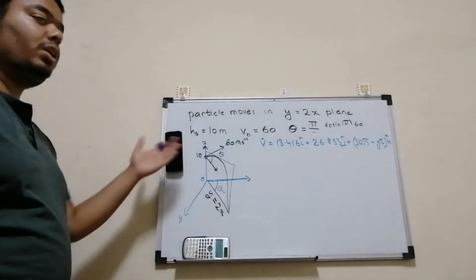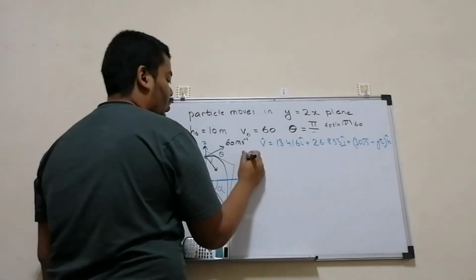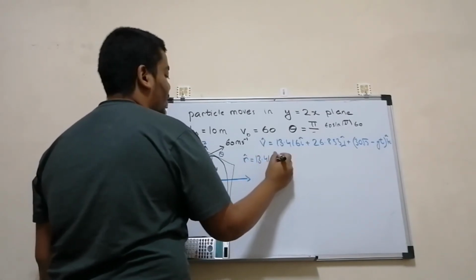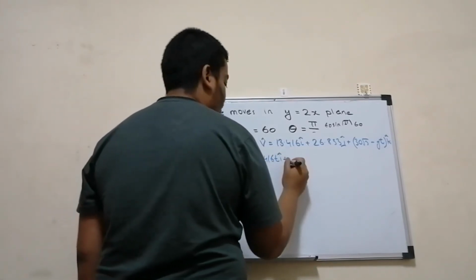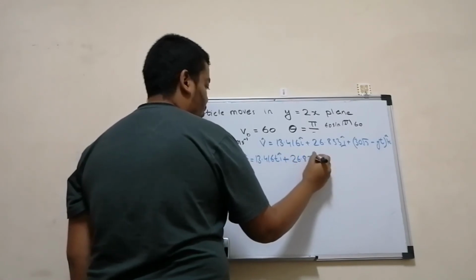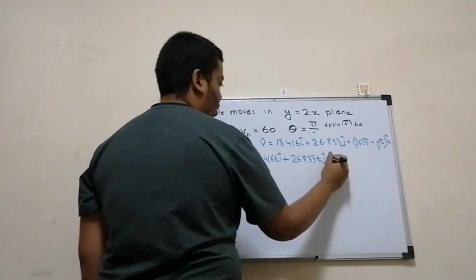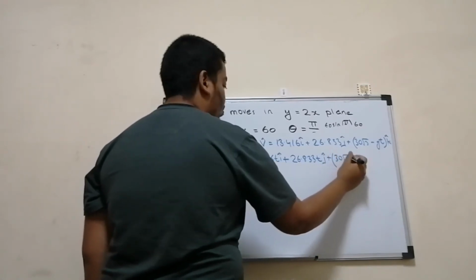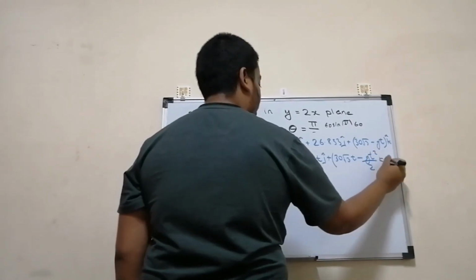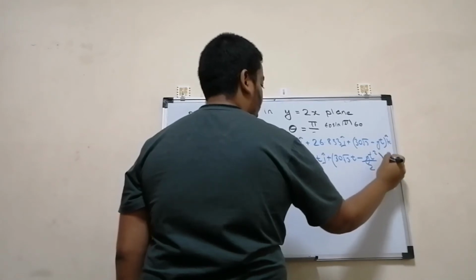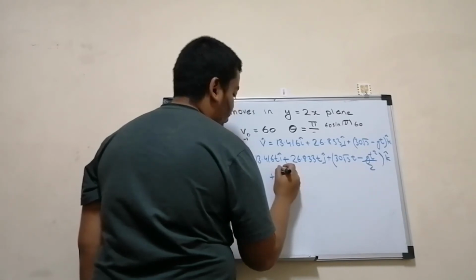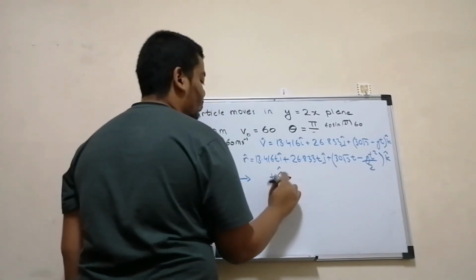The position vector is found by integrating this again. We will have the position vector equal to 13.416 T I plus 26.833 T J plus 30 square root 3 T minus GT square over 2, K. And then we'll have our position vector constant, which will be C2.